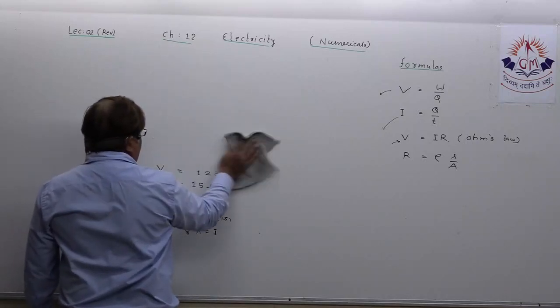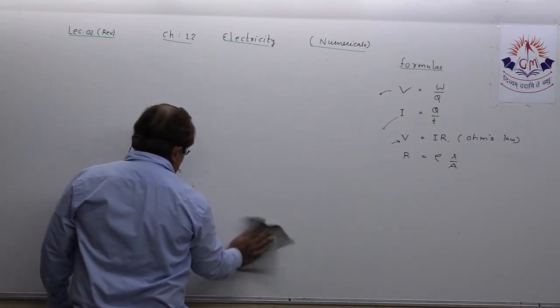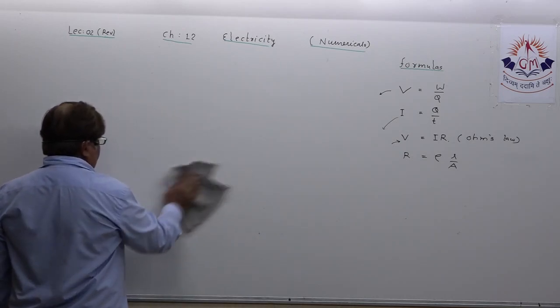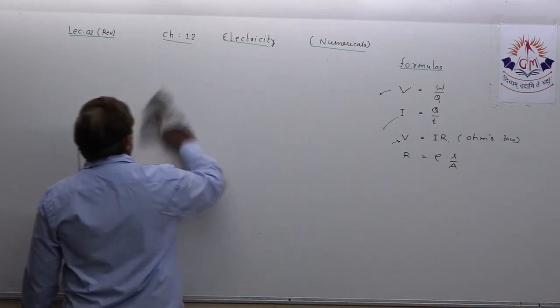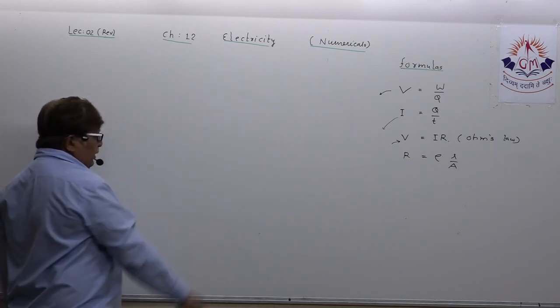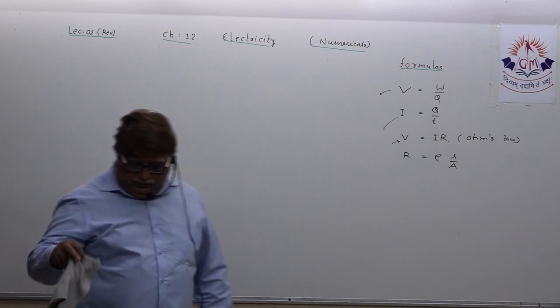And now, dear student, first you read numerical number 12. What is given in numerical number 12? A wire.